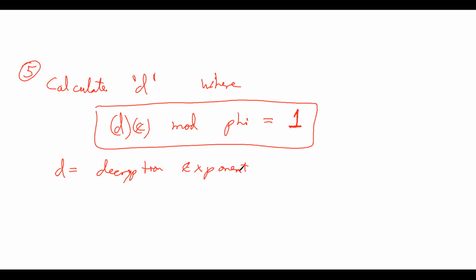Now, given all the previous parameters, P, Q, N, phi, E, and D, we can now derive the public and the private key.